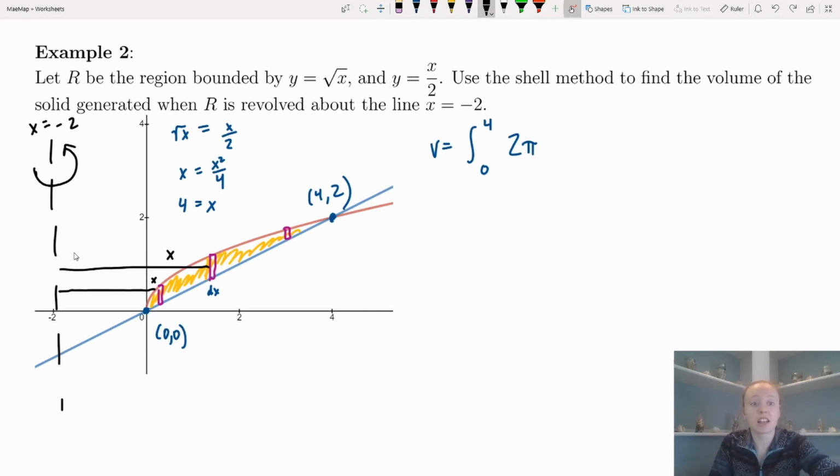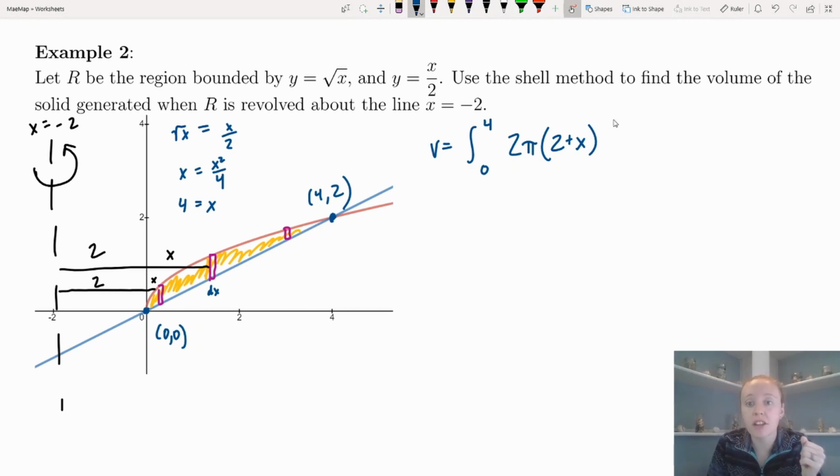That's a distance of 2. So regardless of where our rectangle is at, we know the radius is going to be 2 plus x. So our radius r is 2 plus x. So we have 2 pi times 2 plus x. That is our circumference of that shell. So now our next step is the shell height, top minus bottom, right?